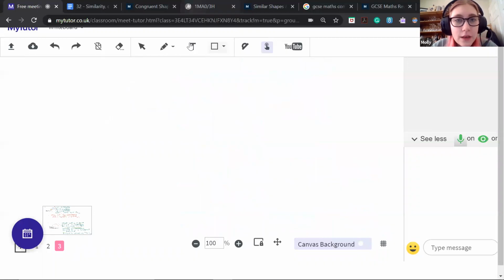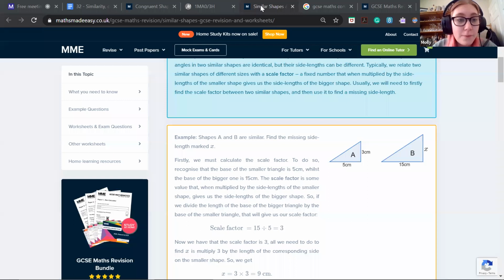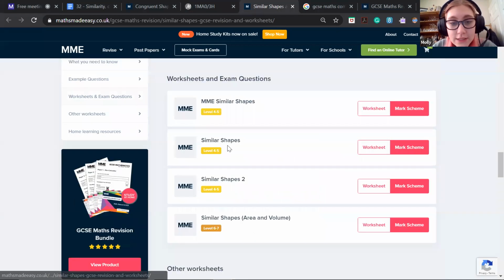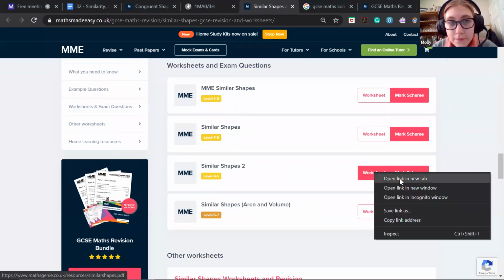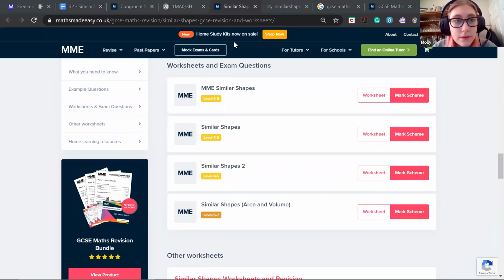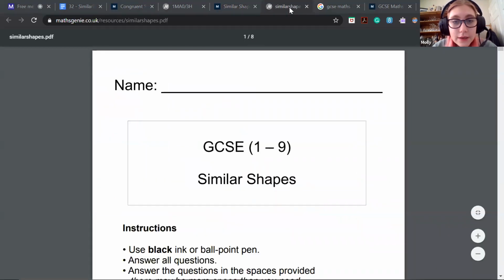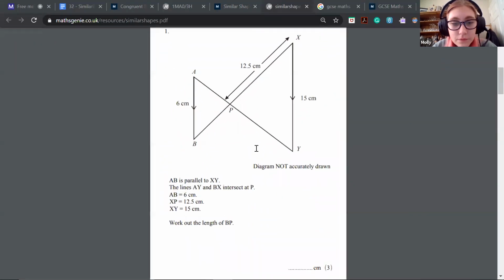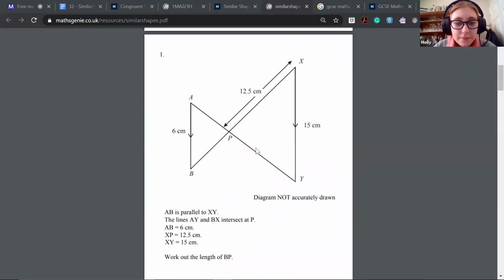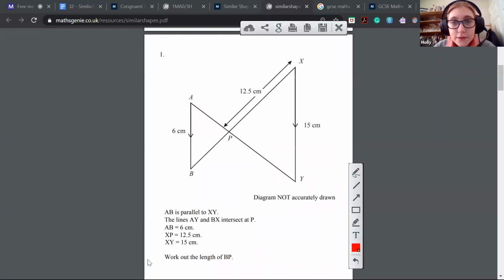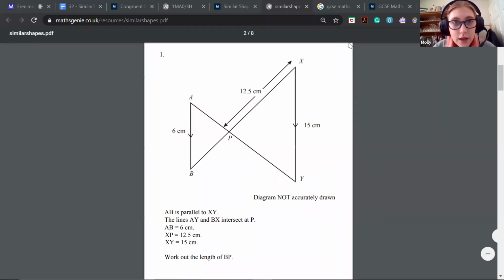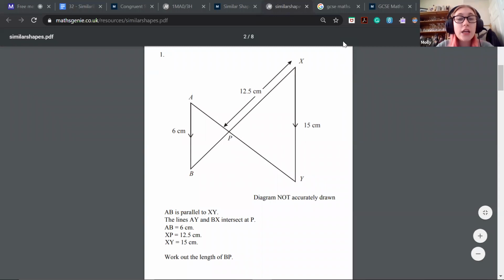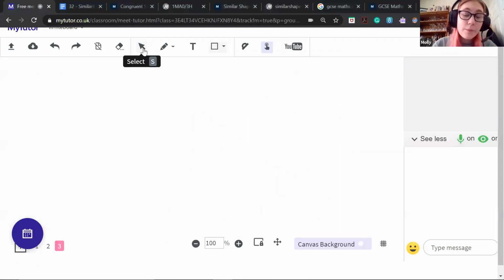Okay, let's move on to have a look at similar shapes, which you all did super, super well before. So let's go to here. Now, similar shapes are like congruent shapes, so they're kind of the same shape, but they're not the same size.